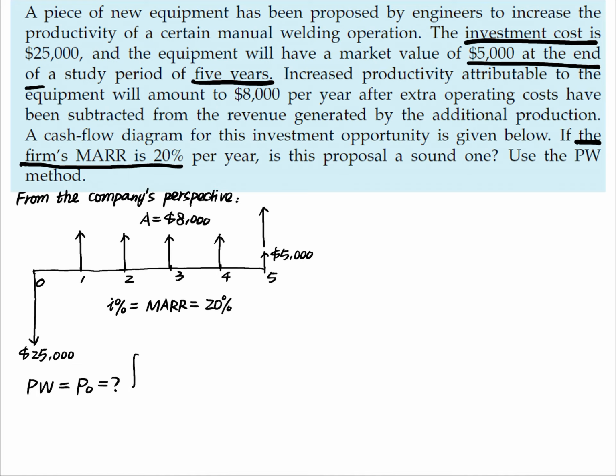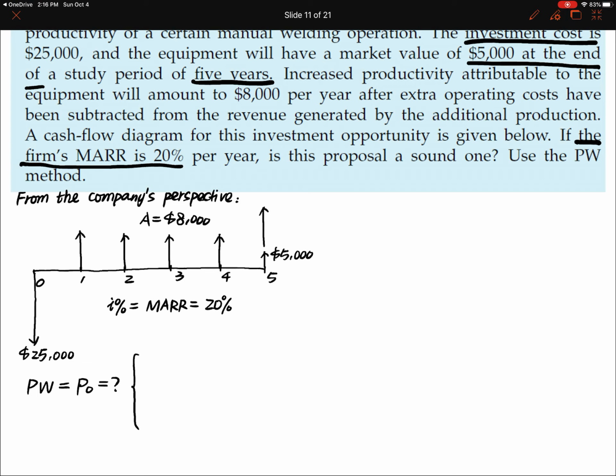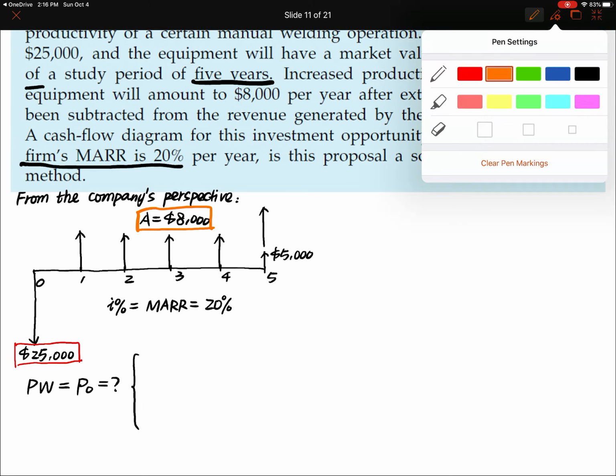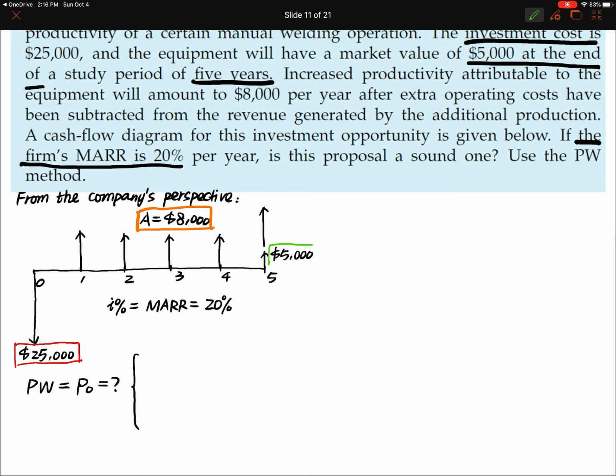But what is P0? Now the problem is a multiple cash flows problem. Remember that? You need to determine how many parts of P0 you have. So how many parts? You have the first part, the second part from the annuity, and third, the P0 part from the future value of 5,000. So that's the 3 parts.